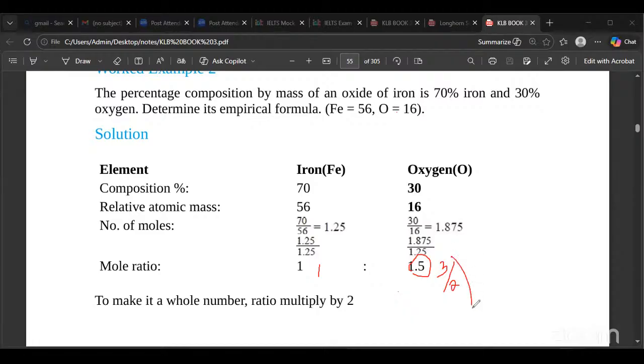So 3/2, to make it whole, I remove the 2. I multiply this one by 2 and I multiply here by 2. Anything that is 0.5 is actually and a half. So you multiply by 2 to remove the half. So that is why this one goes. And then you remain now with 2, 3.